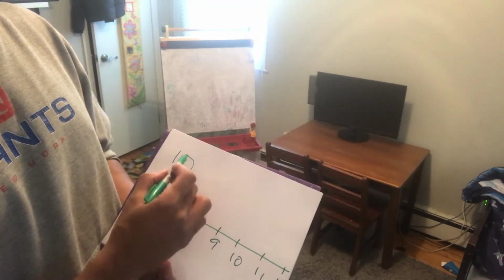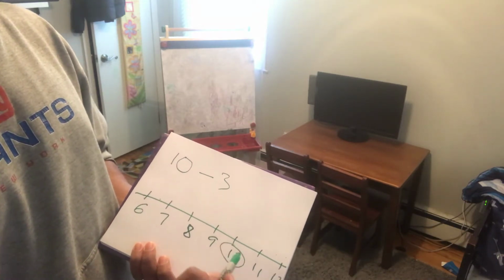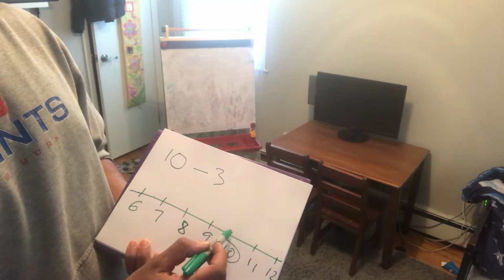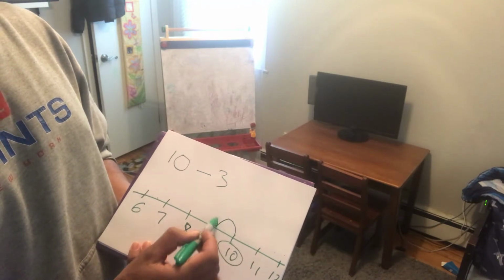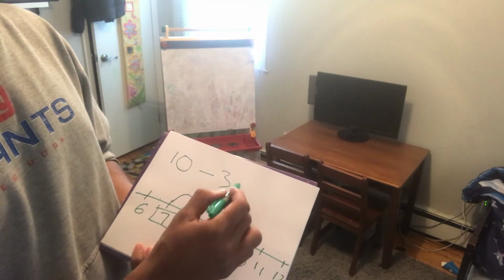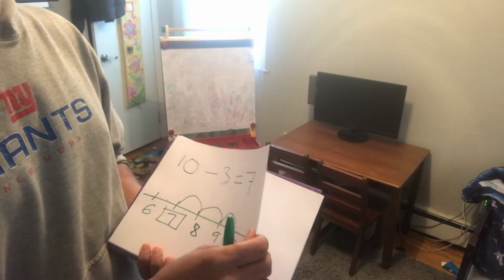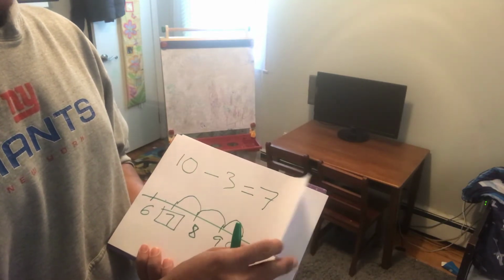I start at 10 and I'm going to go back 3 spaces. 1, 2, 3, and that gets me to 7. So 10 minus 3 is 7. Got it? All right.